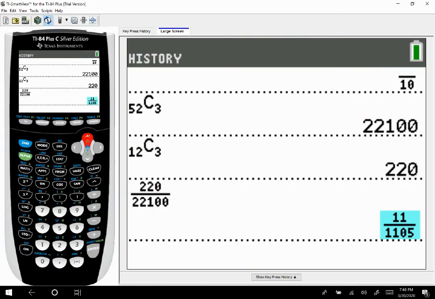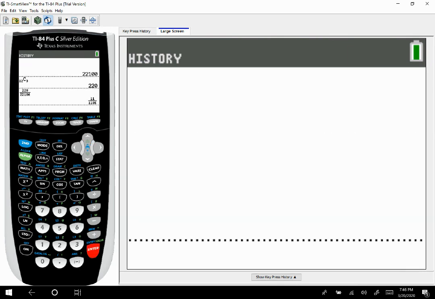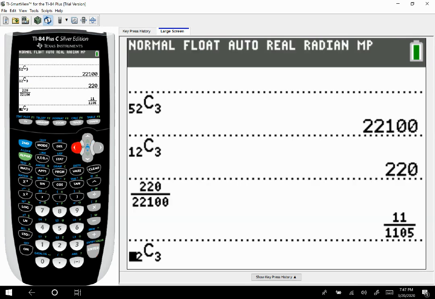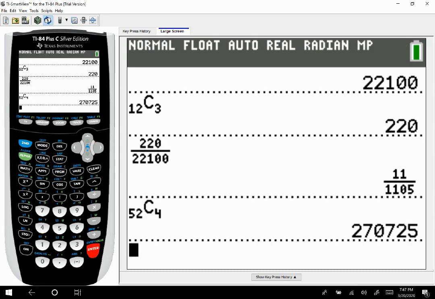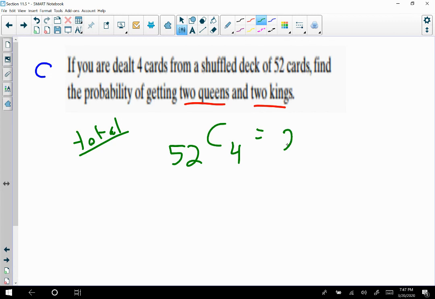Just going to run right back up here and grab the 12. I should have grabbed the 52. My bad. Change that to a 52, come over here, change this guy to a 4. So there we go. There are 270,725 ways that we can take 52 cards and choose 4. 270,000.